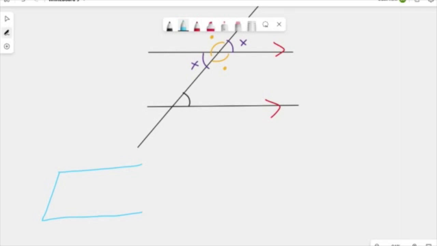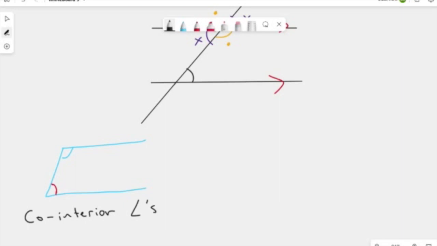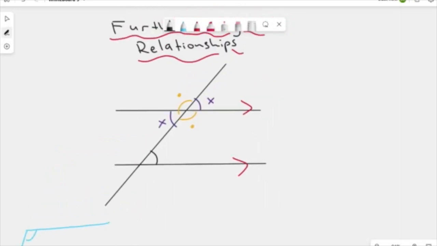These two angles here, so this one and this one, are what we call co-interior angles. And I'm going to write that down here. These are called co-interior angles.